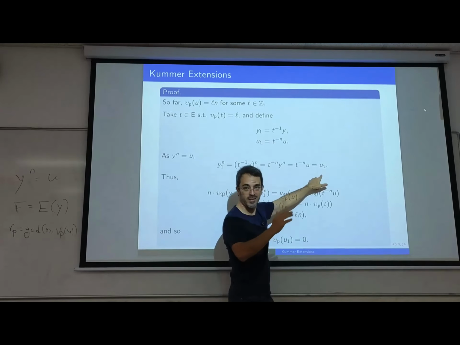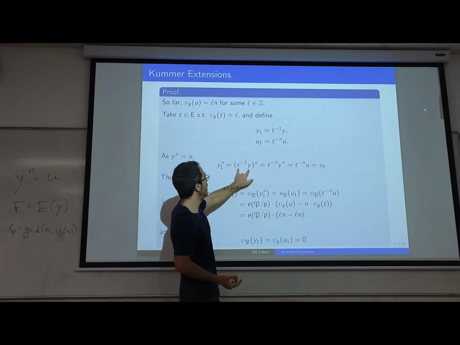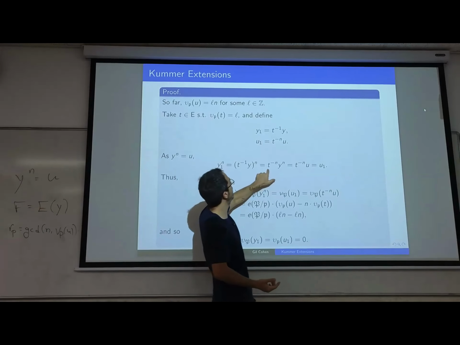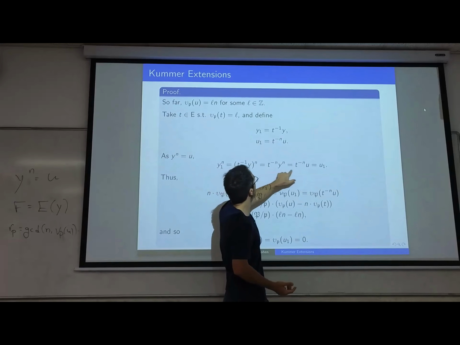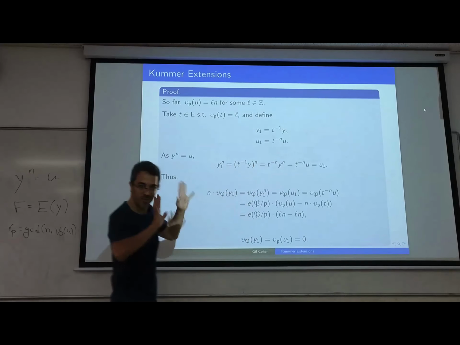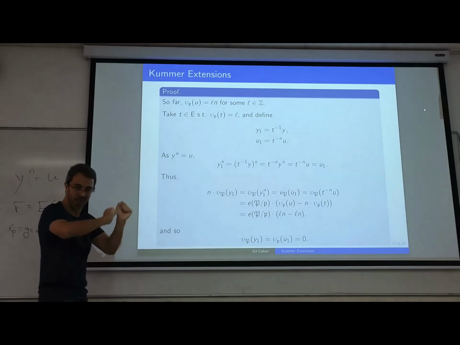Indeed, y1 is t inverse y, so y1 to the n is t to the minus n, y to the n. Since y to the n is u, t to the minus n times u was defined to be u1. I just normalized them correctly.